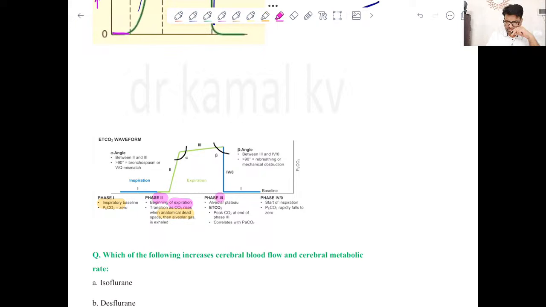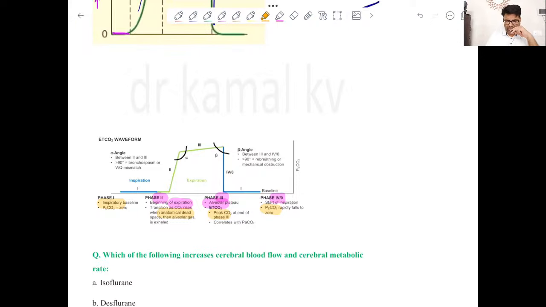So phase 3 is the alveolar plateau, with CO2 coming from the alveoli, and here we find the peak CO2, right? And in phase 4, again, as the patient starts taking a breath, CO2 will become 0. So this is the end-tidal CO2 waveform, or capnogram.